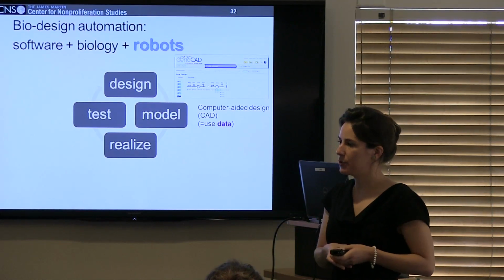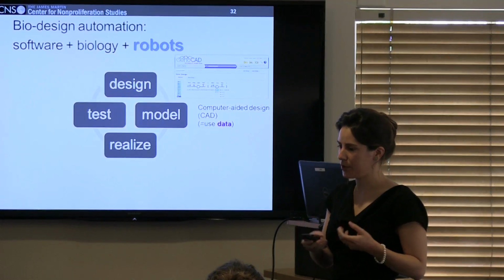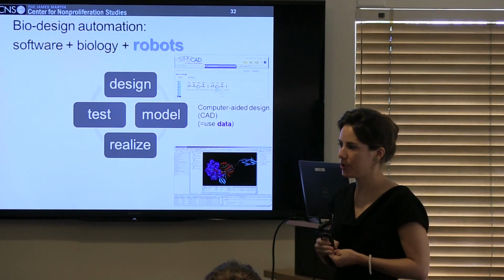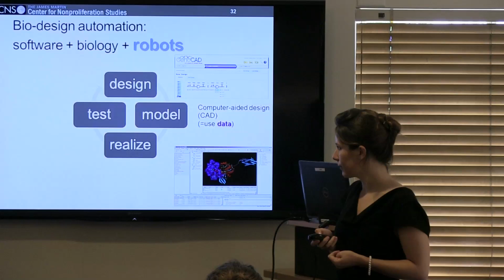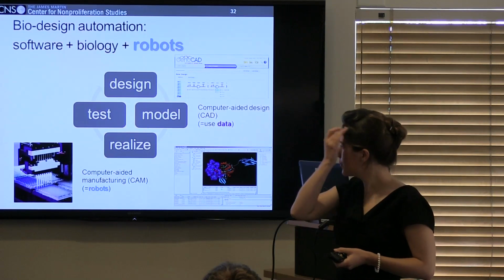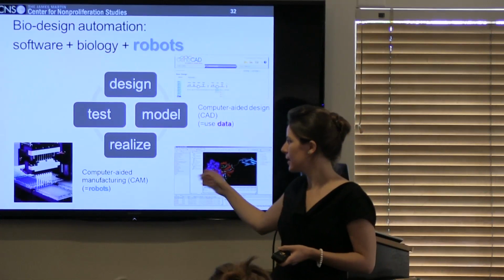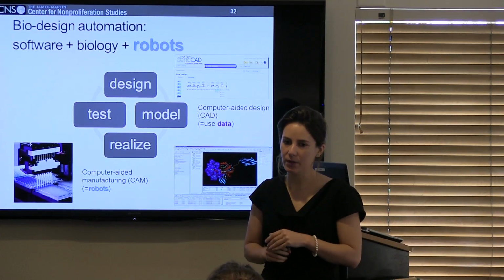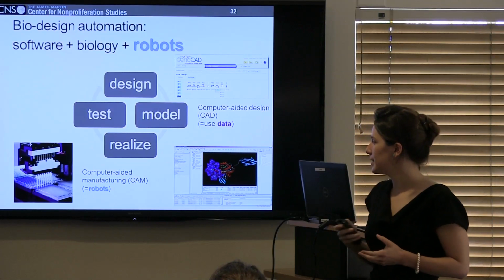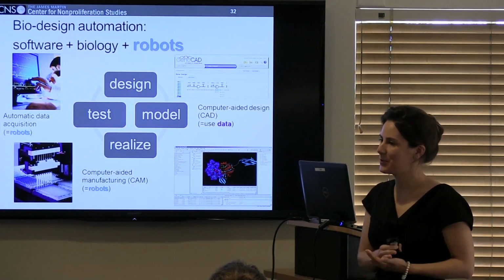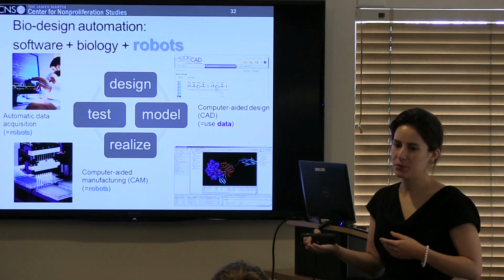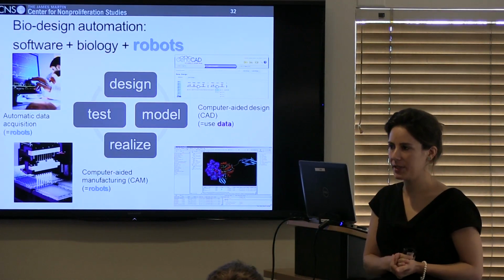Basically, they help people use the data and have a lot of different features to help with analysis and simulation on the computer. Then, when people have designed their system, they can have robots make it, and that's called computer-aided manufacturing. And once it's done, they can still use robots for automatic data acquisition that will give back interpreted data to the researcher.